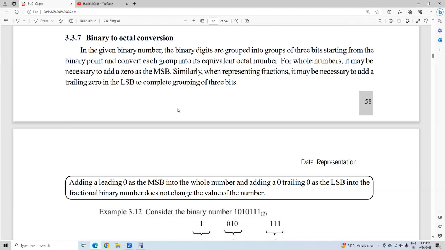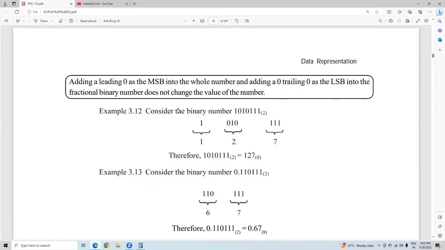Adding a leading 0 as the MSB to the whole number, and a trailing 0 as the LSB to the fractional binary number, does not change the value of the number.